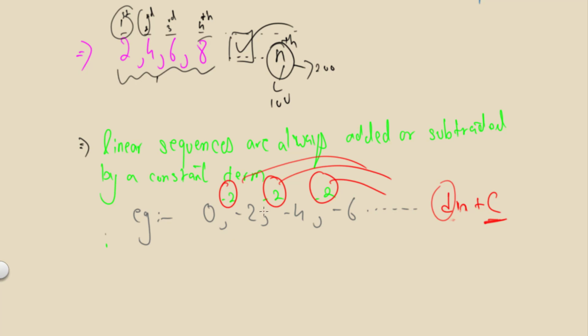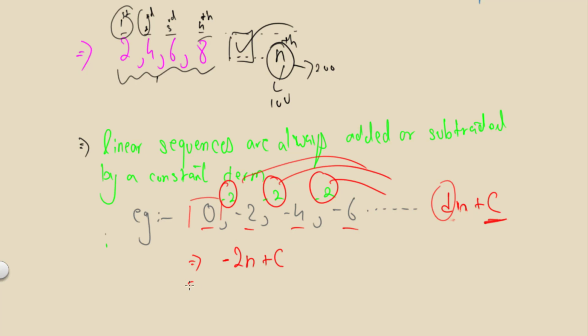So in this specific scenario, -2 is the constant difference. So our formula will look something like this: -2n plus c. We need to find the value of c. Now, if I look at the terms 0, -2, -4, -6, I know that the first term is 0.